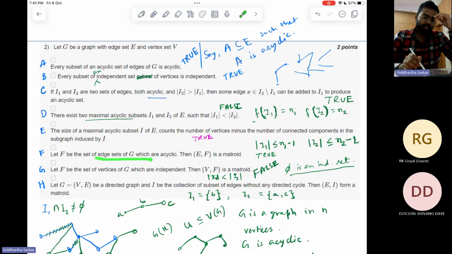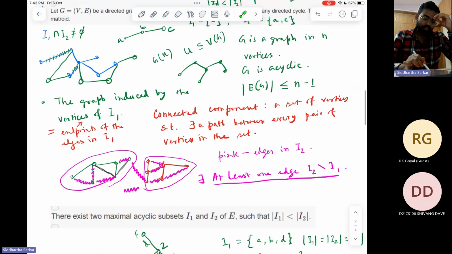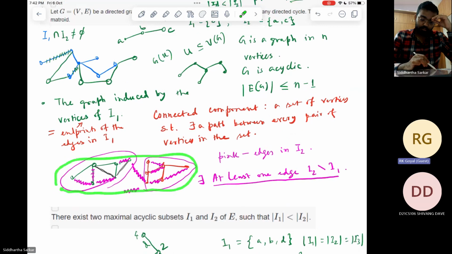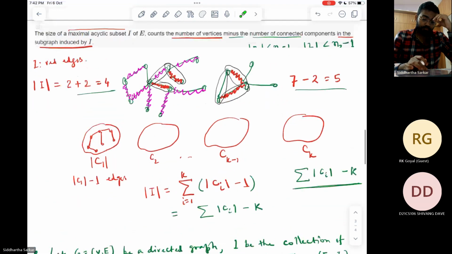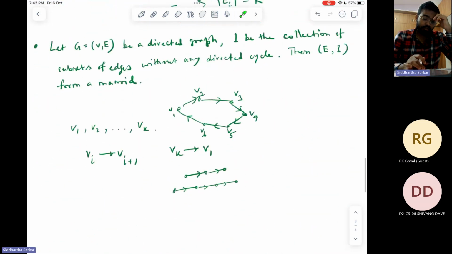In that case, we were able to prove something like this: that we identified one edge which is safe for I1. That means it was not leading to a cycle, if you remember this picture. But it was an undirected graph, and we could show this property. It is not very straightforward here.